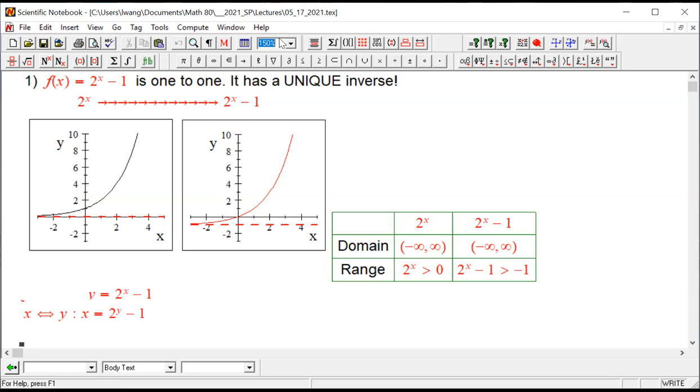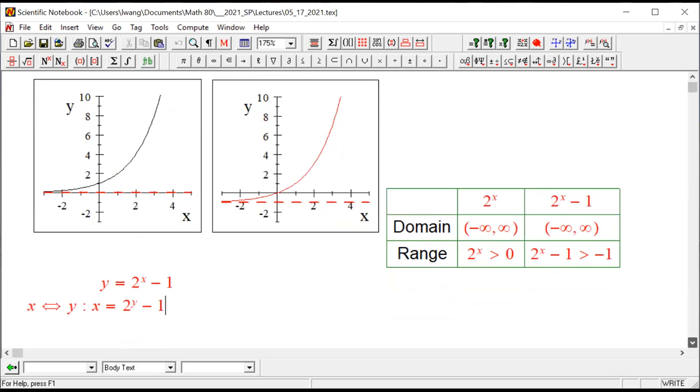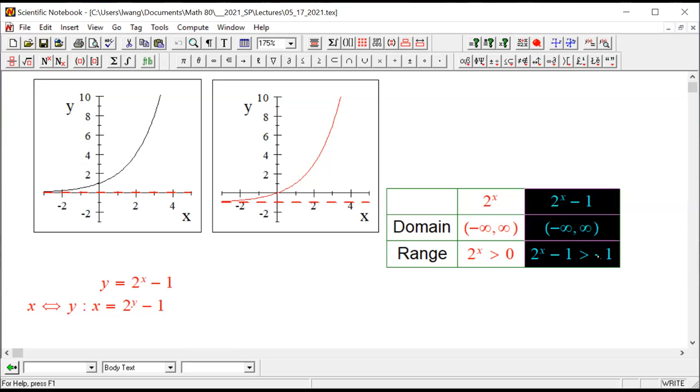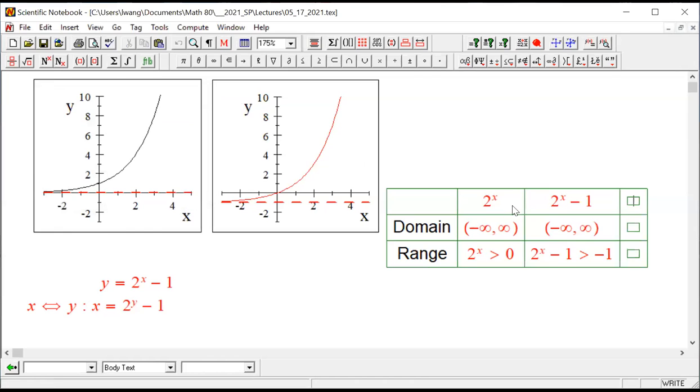Let me make the font just a little bit larger. See that swap? 2 to the power x minus 1, the domain and range will be swapped. Okay, and now we're going to look at the inverse. The inverse function, suppose this is f. That's our assumption.